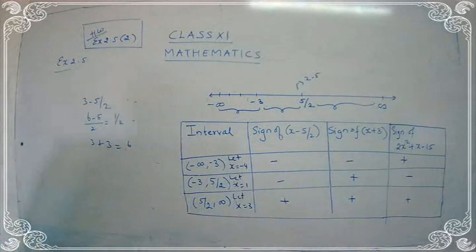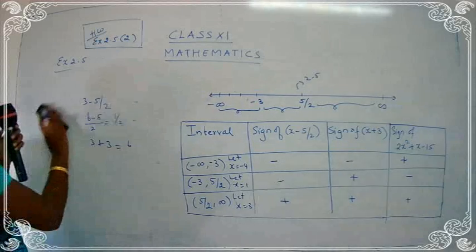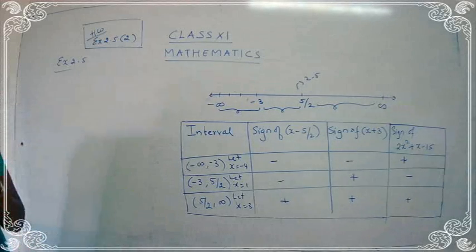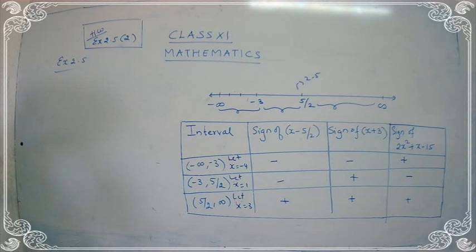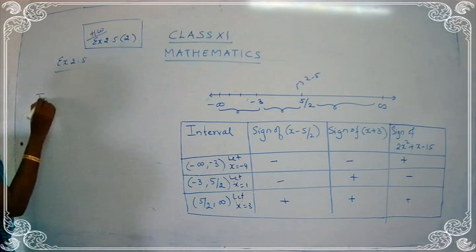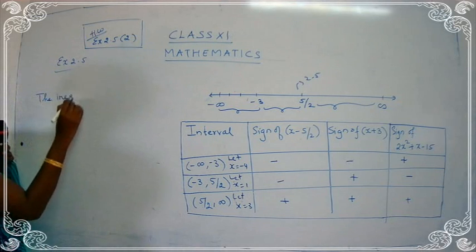Now we have to come for the final statement. We have to write down the solution for this inequality. Let us write down the solution set over here. I'll write down here the inequality.